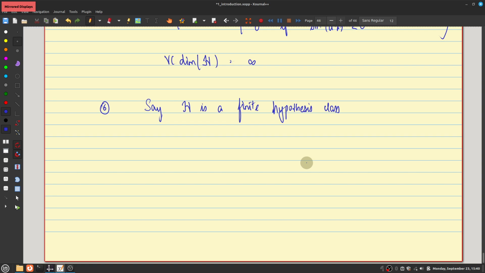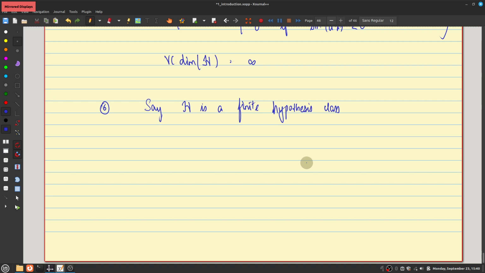Which must mean, how many different functions can you generate over a set of size D? 2 to the power D, right? Which means if I have to get 2 to the power D different functions, then my hypothesis class should have at least 2 to the power D different functions, right? Because the restriction itself should have 2 to the power D different functions.